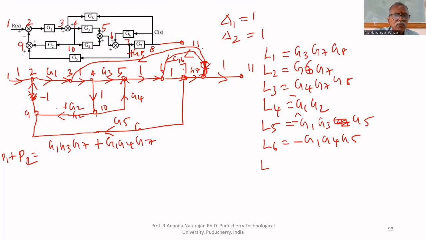L1, this loop and this loop are non-touching. Therefore, I can say L4 and G7, G6. What is that? L2 equal to minus G1, G2, G6, G7. That is not touching.